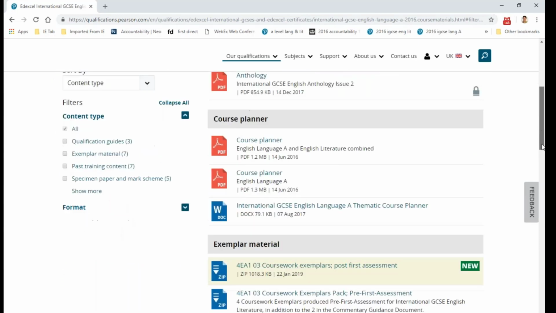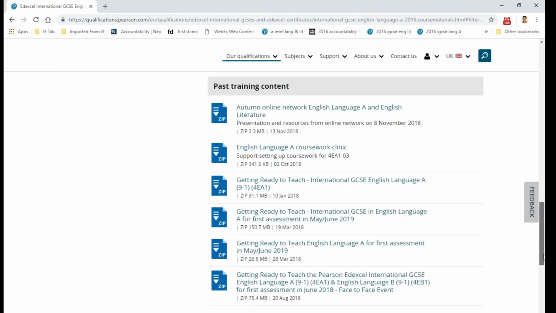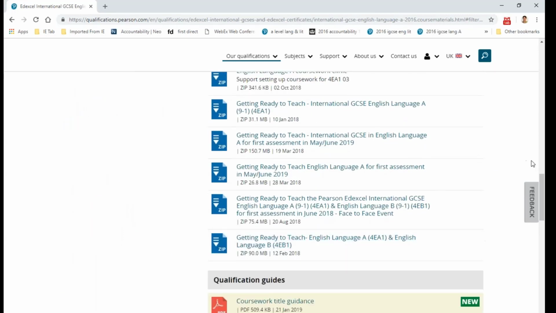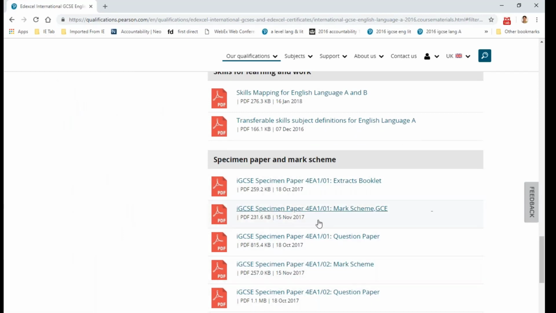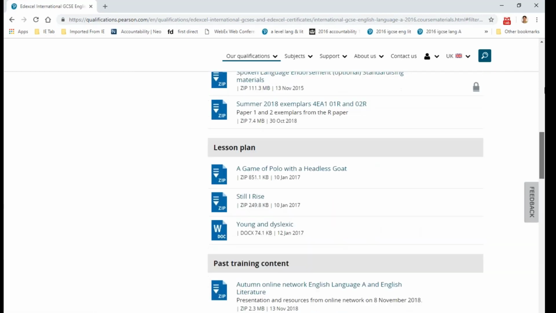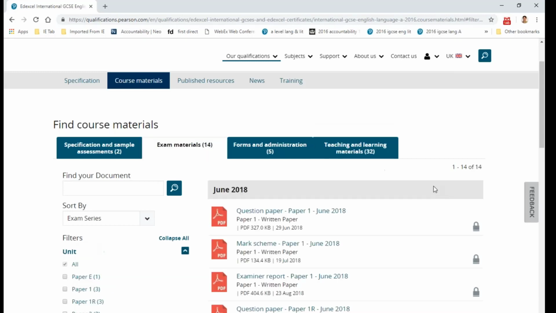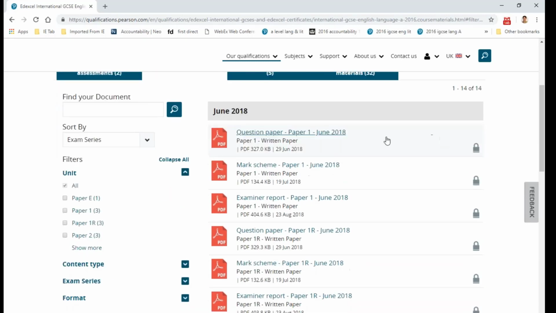The specimen papers are here, and then the papers from the summer are under exam materials here. And then there's the question about the January papers. They're due on, I think, the 5th of February. It was on the first slide.